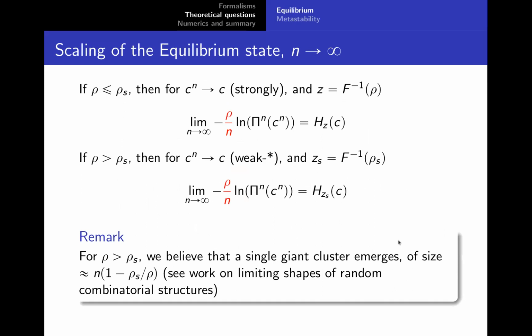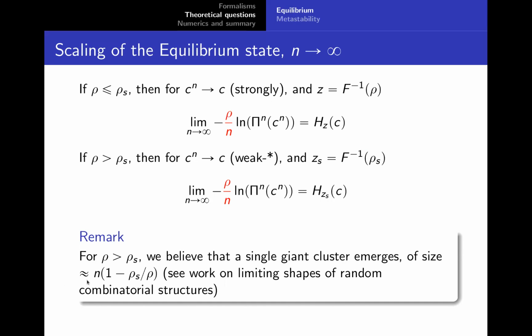So we have one missing result we would like to prove here, which is what's going on with the part that diverges to plus infinity. I told you that we know by this limit that some of the clusters have infinite size in the limit n goes to infinity. We don't know how much and what is the typical size of it.